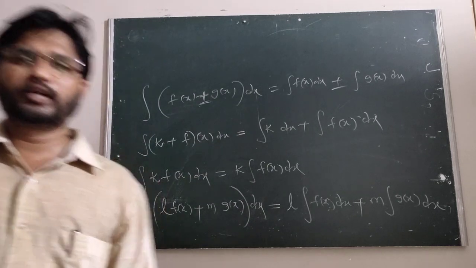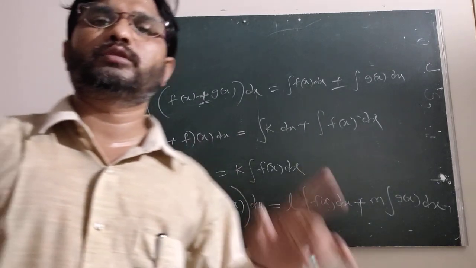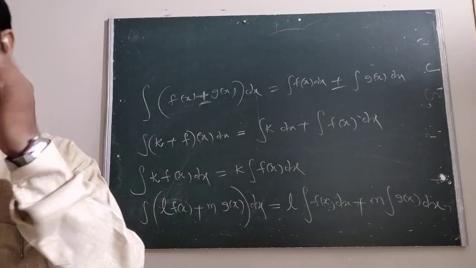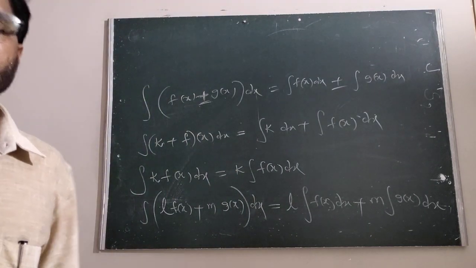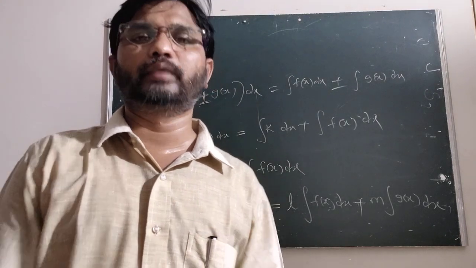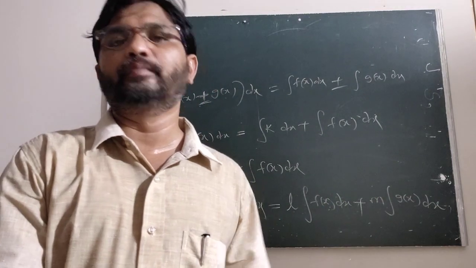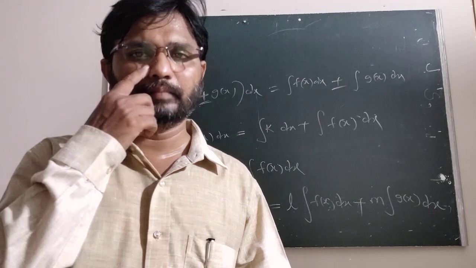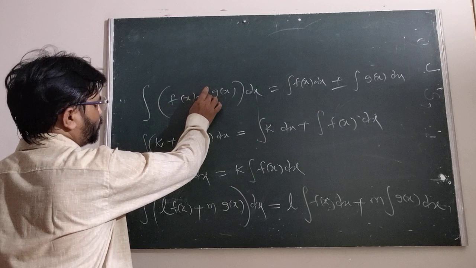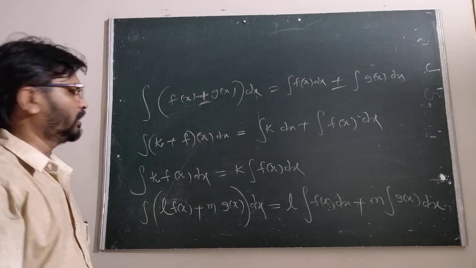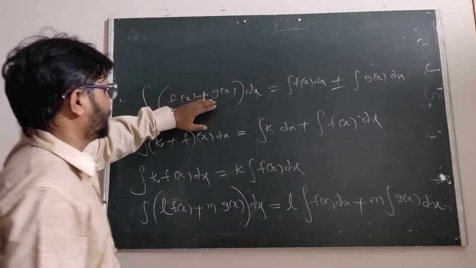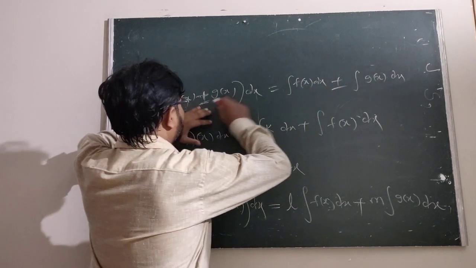After that, f of x into g of x is done by parts. We are going to learn by parts in exercise 2 by taking the ILATE method. So don't think about the product or division here. We know that between them it is either plus or minus; where there is plus we take plus, and where there is minus we take minus separately.